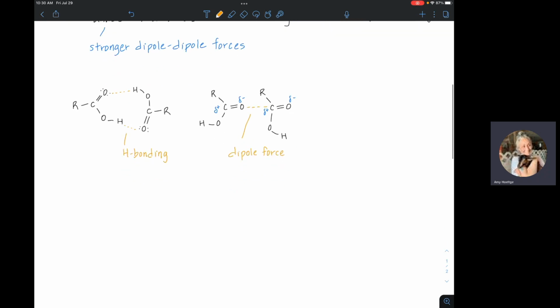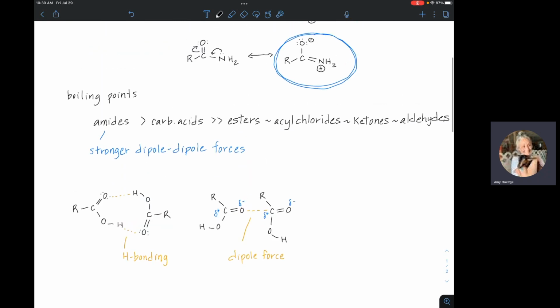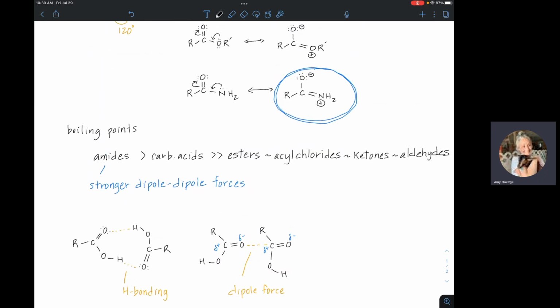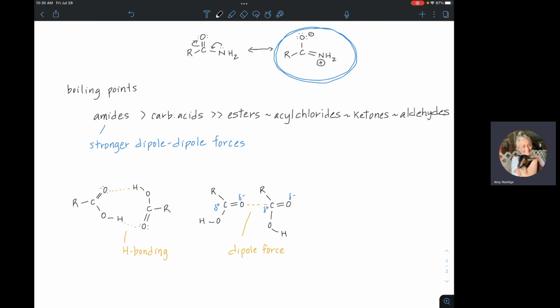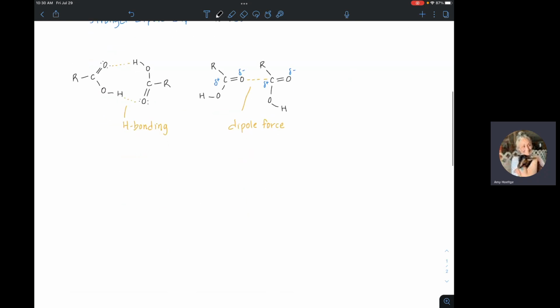In the amide, though, if I draw out the resonance contributor on the right there, nitrogen being less electronegative than oxygen, better able to support the positive charge, that particular resonance contributor is just a little bit more significant to the overall hybrid.